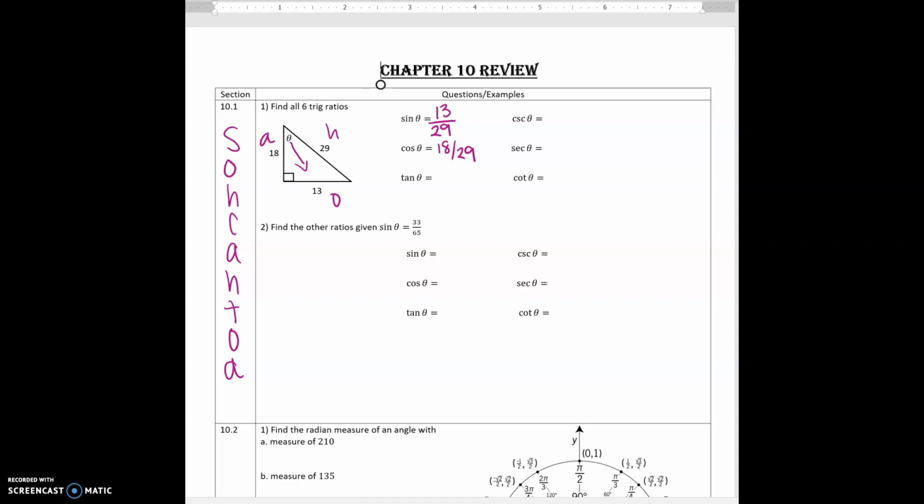So opposite over adjacent would be 13 over 18. And then cosecant, secant, and cotangent are the opposites. So cosecant is the opposite of sine, which is then going to be 29 over 13. Secant would be 29 over 18, and cotangent would be 18 over 13.